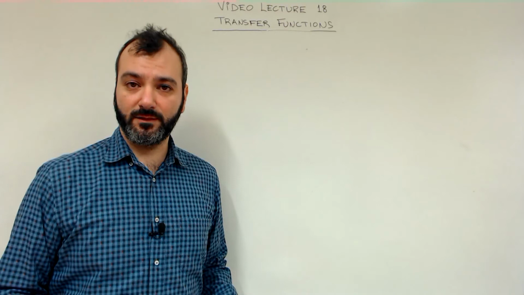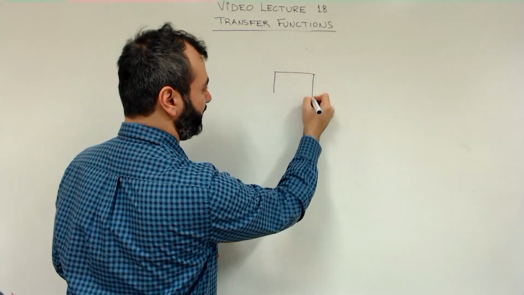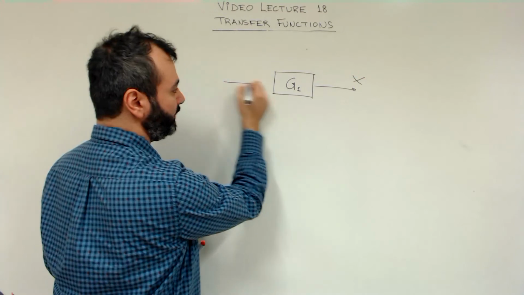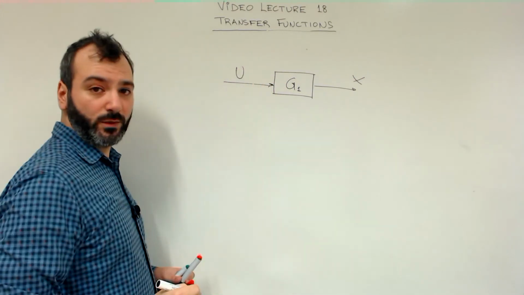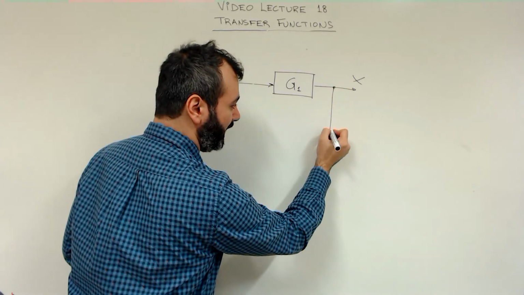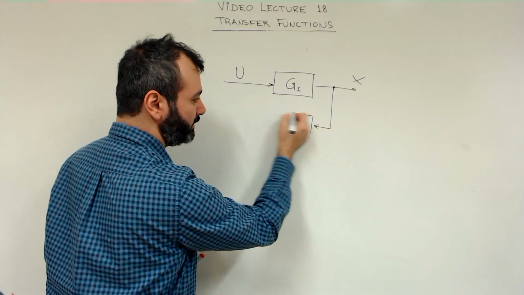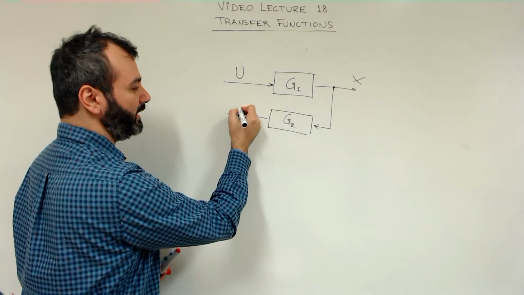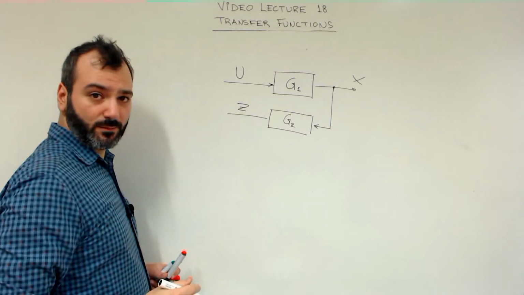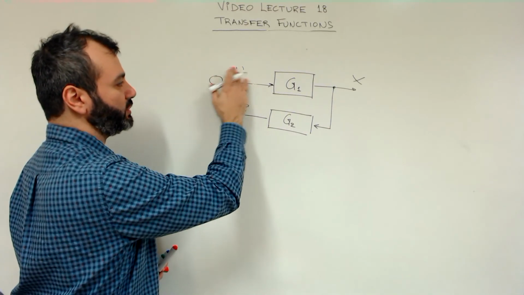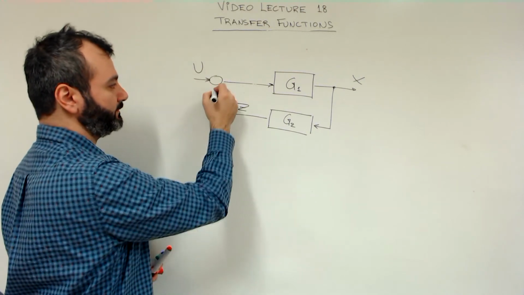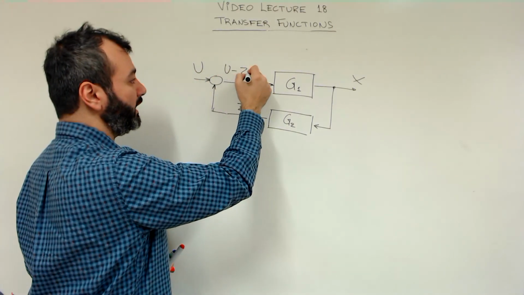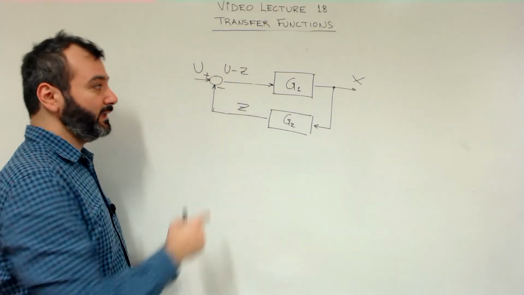We're talking about feedback loops, where we have a dynamical system with transfer function G1, an output X and input signal U. What we often do is take that output and plug it into a dynamical system G2, which has an output, let's call that Z. We take Z and compute the difference between U and Z. We denote that typically with a plus here, a minus here.